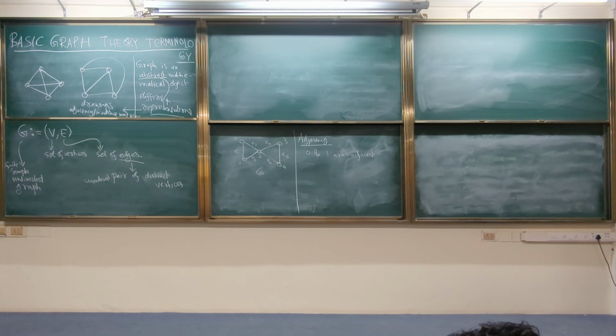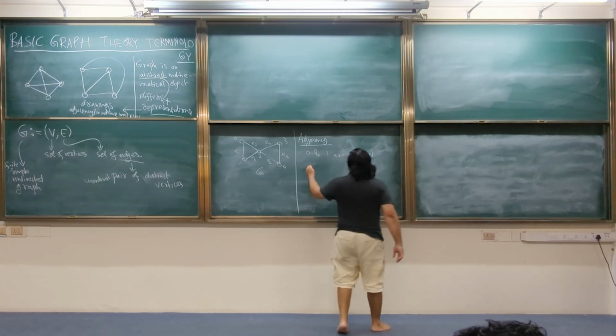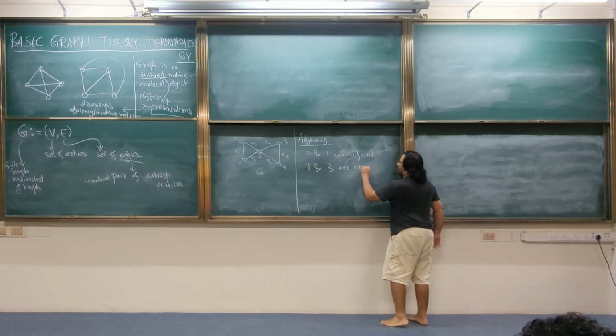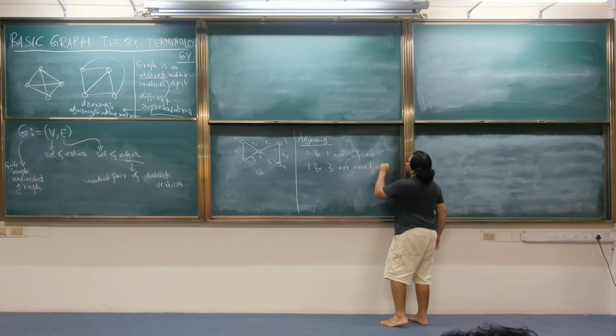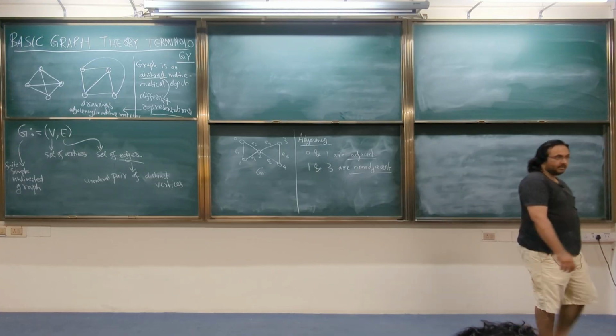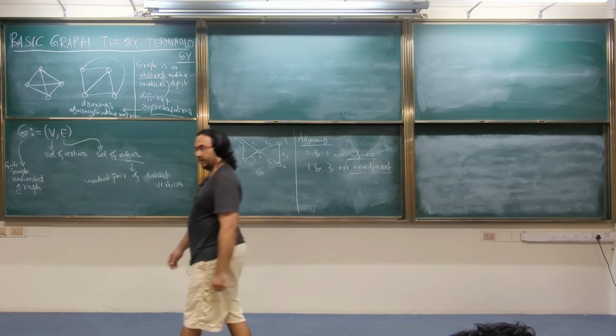Huh? 1 and 3. 1 and 3 should not be adjacent, therefore they are not adjacent. So we have defined adjacent and non-adjacent. Right? Two vertices are adjacent if there is an edge joining the two vertices.